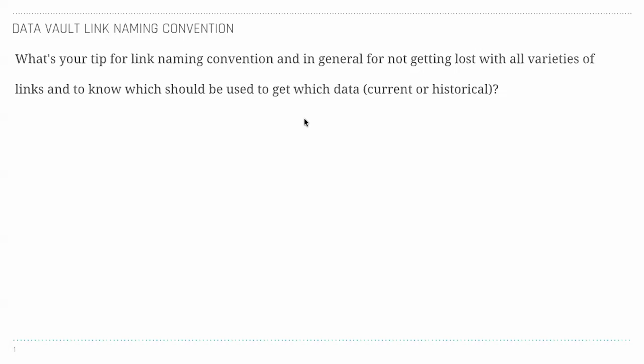So the link doesn't tell you if this relationship is still active. What you need is an effectivity satellite to tell you if the relationship has been removed or deleted already. That's a deletion indicator, maybe a deletion flag inside the link structure itself. That's what we typically use. So that's the basic idea.